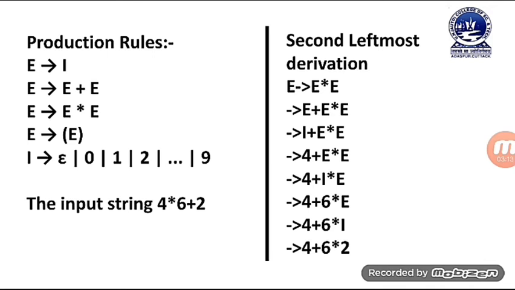In this way, we have proved that this grammar is ambiguous, because if we can generate more than one leftmost derivation, rightmost derivation or parse tree, that is proof that the grammar is ambiguous.